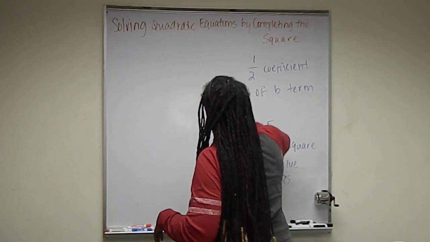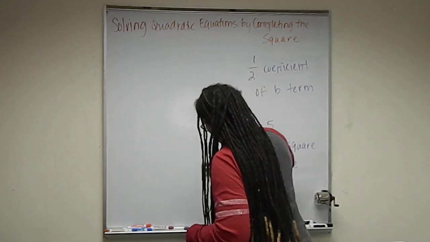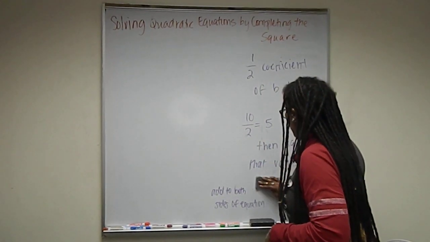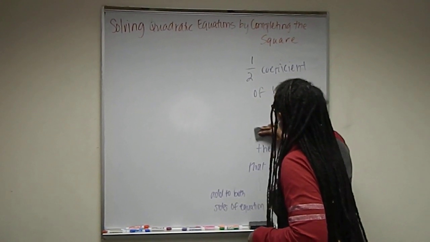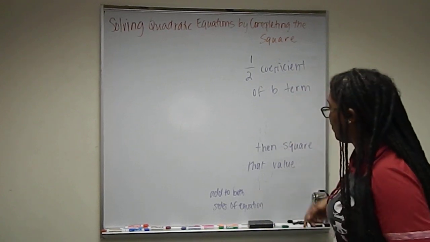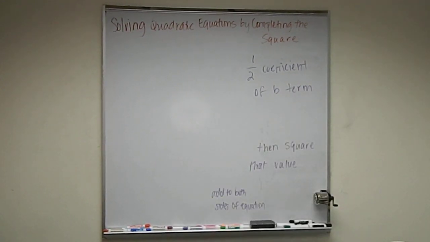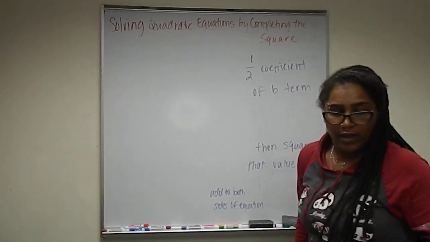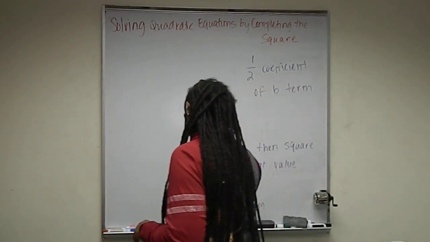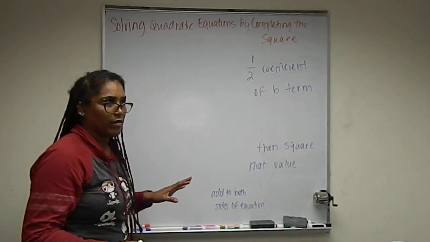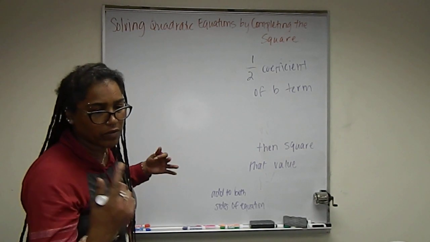and we'll get to one of the equations. So I'm going to take my values out of here, but I'll leave this. Half the coefficient of the b term, square that value, and add to both sides. So, let's start off a little simple so we know what's going on.